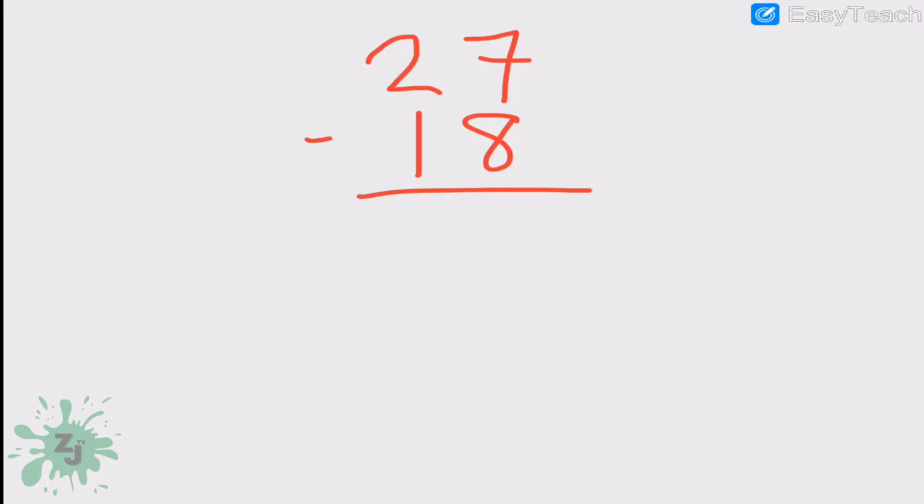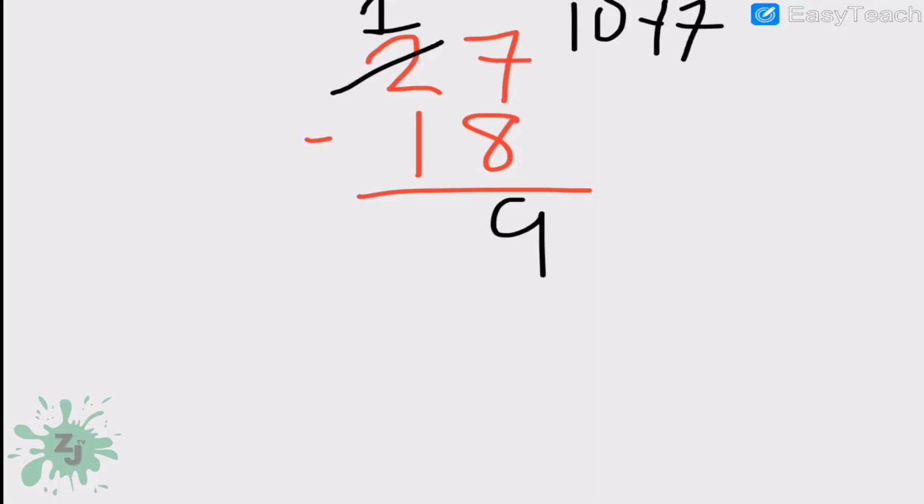So what we must do is borrow 1 from 2. So this would become 1. But instead of 7, this would become 10 plus 7. Why? Because the 2 is at a larger place value compared to 7. Therefore, this will become 10 plus 7, which is 17, minus 8 is equal to 9. Next is 1 minus 1 is 0. Therefore, the answer is 9.